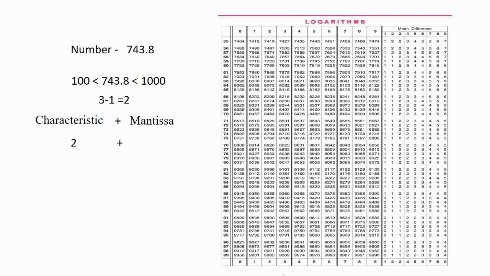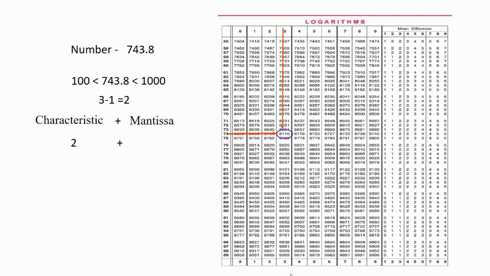Now let's find out the mantissa value. How to find the mantissa value? Initially find 74 in the very first column. Here is the 74 in the very first column. You have to observe the value under the third column along the row of 74.